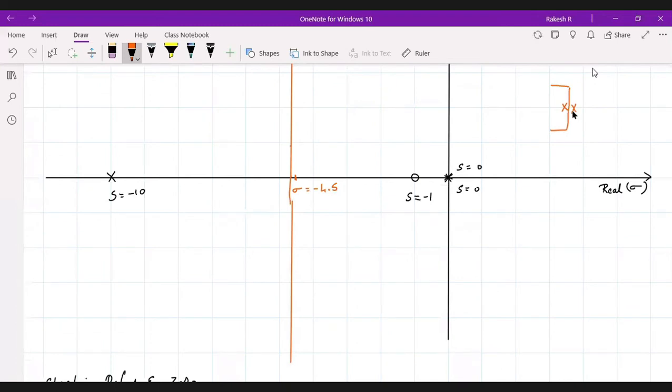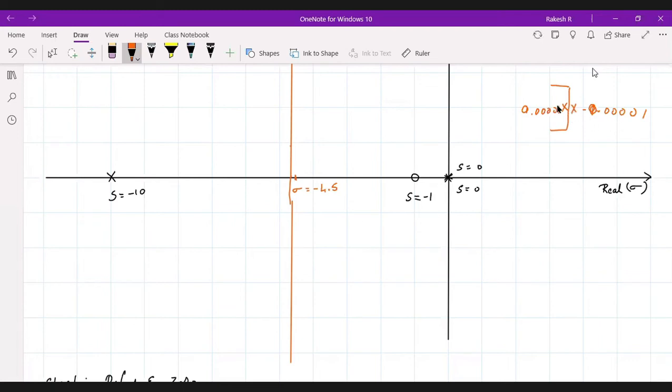Sorry, this is 0.00001, and it is minus 0.0001 and 0.0001 like this. This is what we need to consider here.